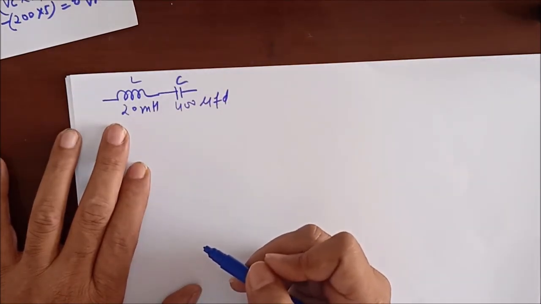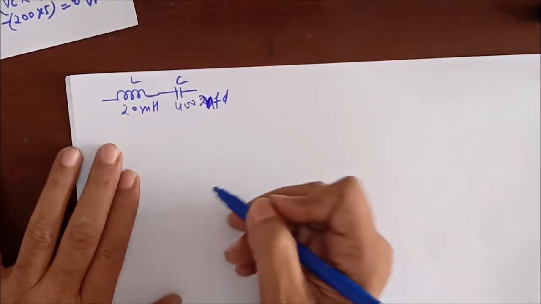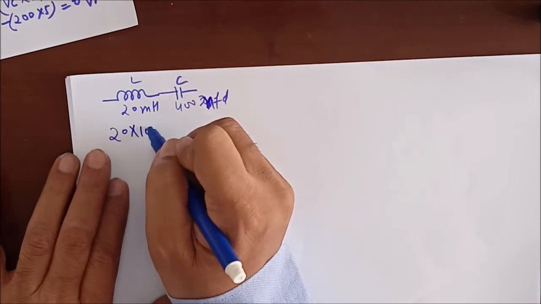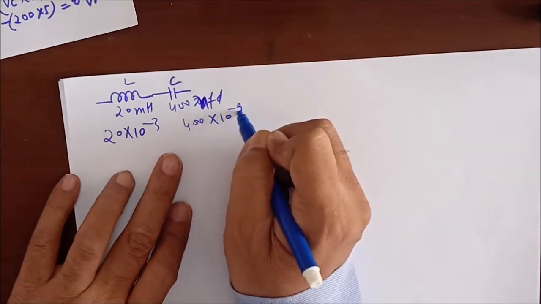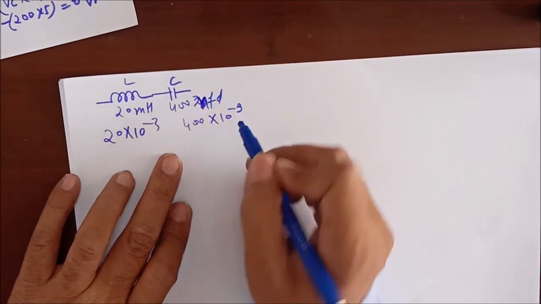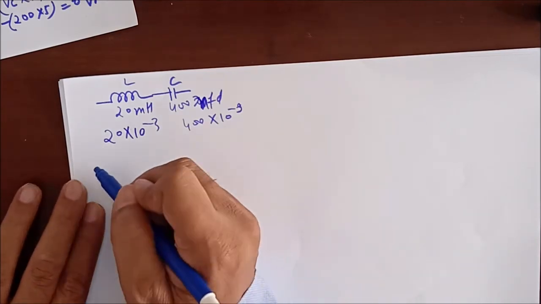I think it is better to take nanofarad, because microfarad you have already taken. 20 into 10 to the power minus 3 and 400 into 10 to the power minus 9. Nano is a minus 9 value. So let us go the same way.